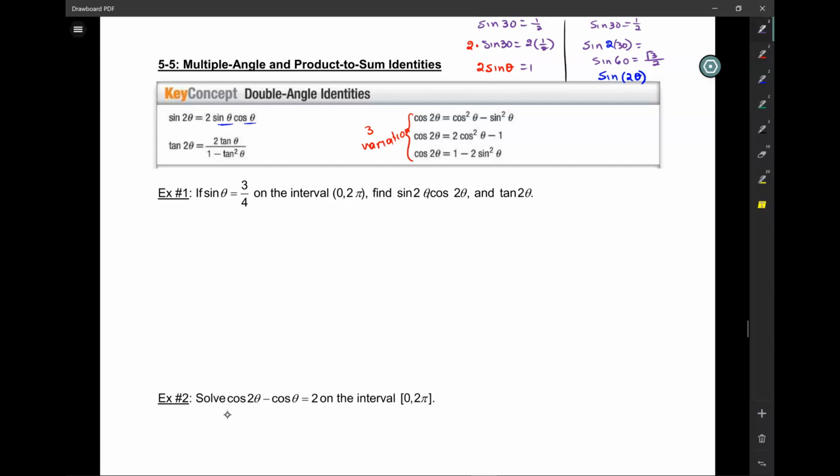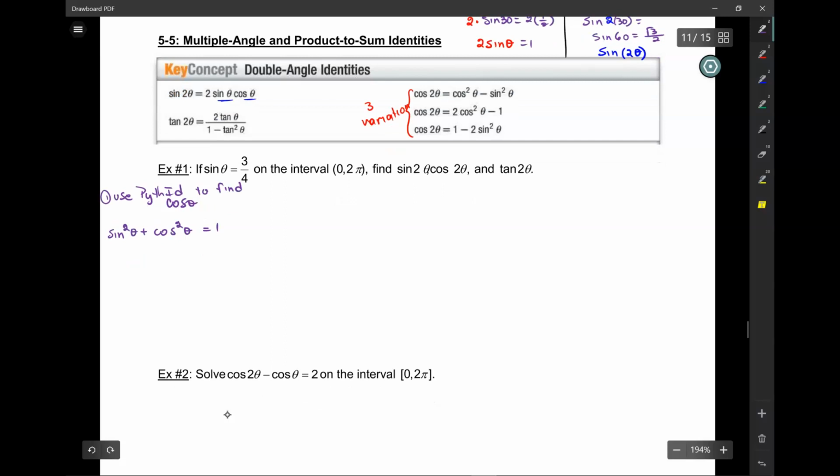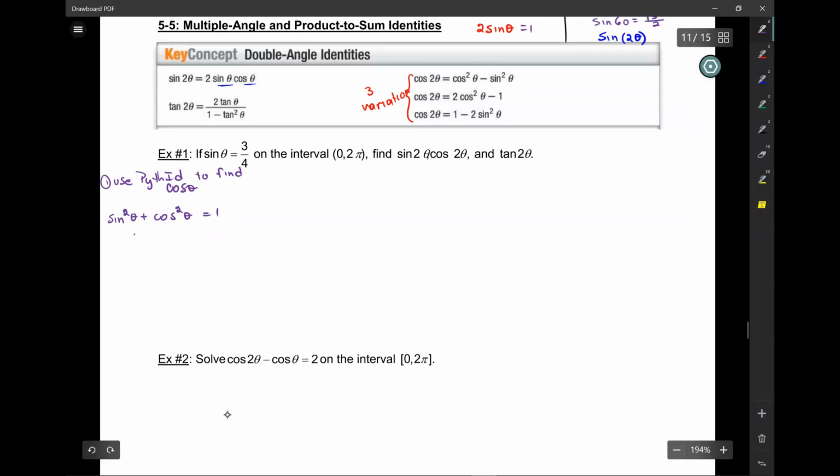We use a Pythagorean identity to find cosine of theta. So sine squared theta plus cosine squared theta is equal to 1. Sine of theta is 3 over 4, and the square of that is 9 over 16, plus cosine squared theta is equal to 1.